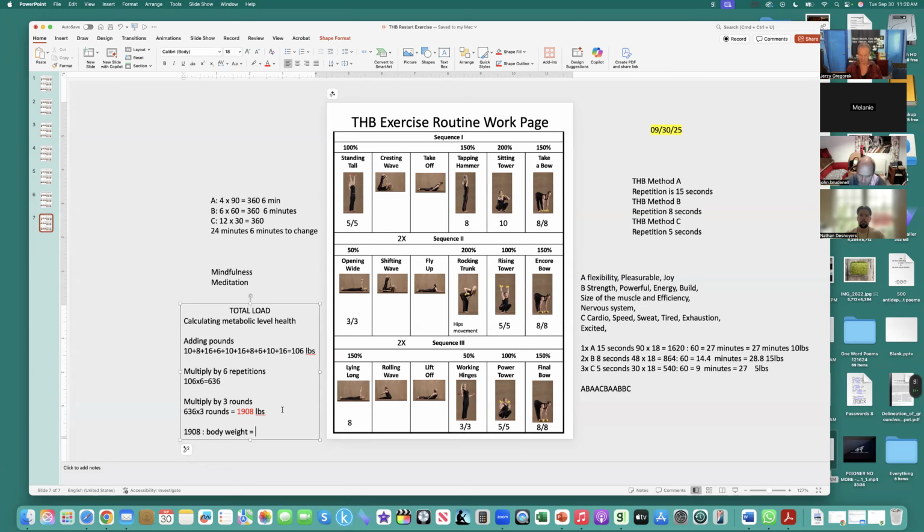So assume that somebody is 100 pounds. So we have easy numbering. Equals 19. Right? So we have the equation, the result of somebody's power.